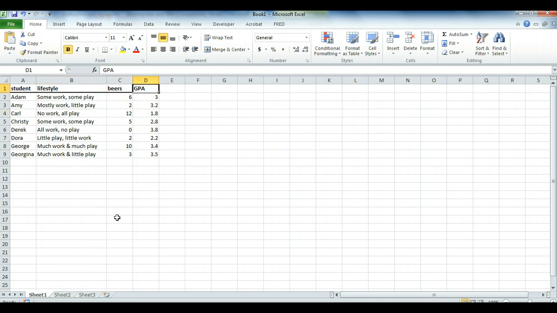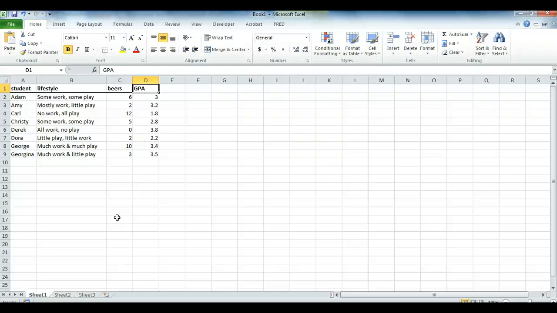Now, the first thing we're going to try to do is create a scatter plot. And in a scatter plot, it's a 2-dimensional thing. You have in the x-axis what's called the independent or causal variable, the cause. In this case, that's going to be beer.